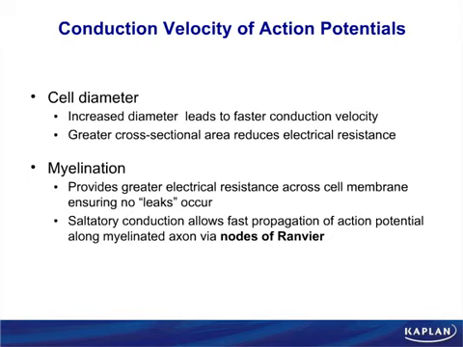Well, it turns out these fast sodium channels cluster at the nodes of Ranvier, which are breaks in the myelin. And so this is where we regenerate the action potential, at the node. So it looks like the electrical current is bouncing from node to node. And that's what saltatory conduction means. So again, the bigger the diameter, the faster. The more myelination, the faster.